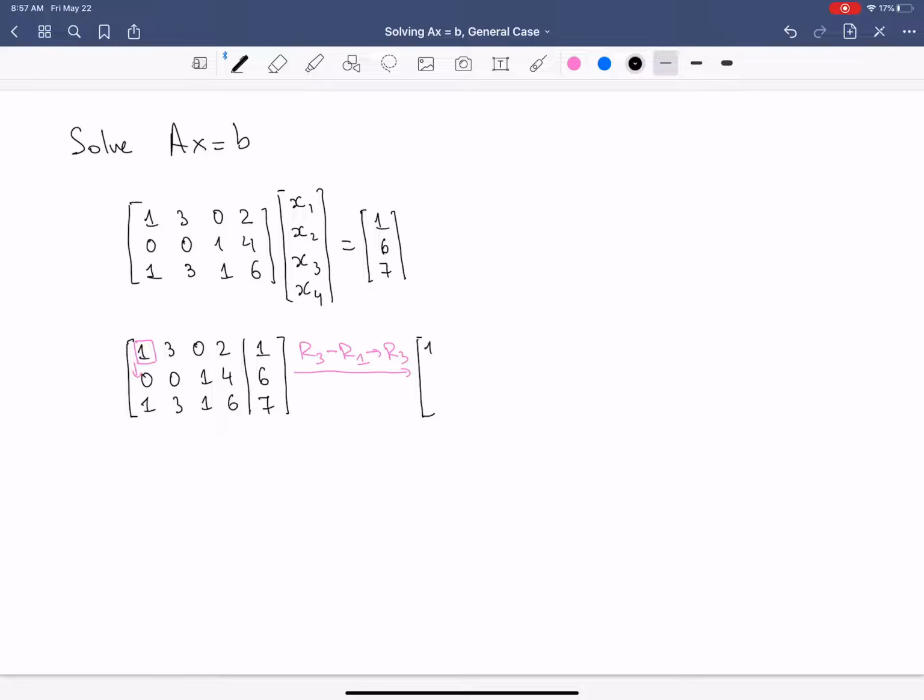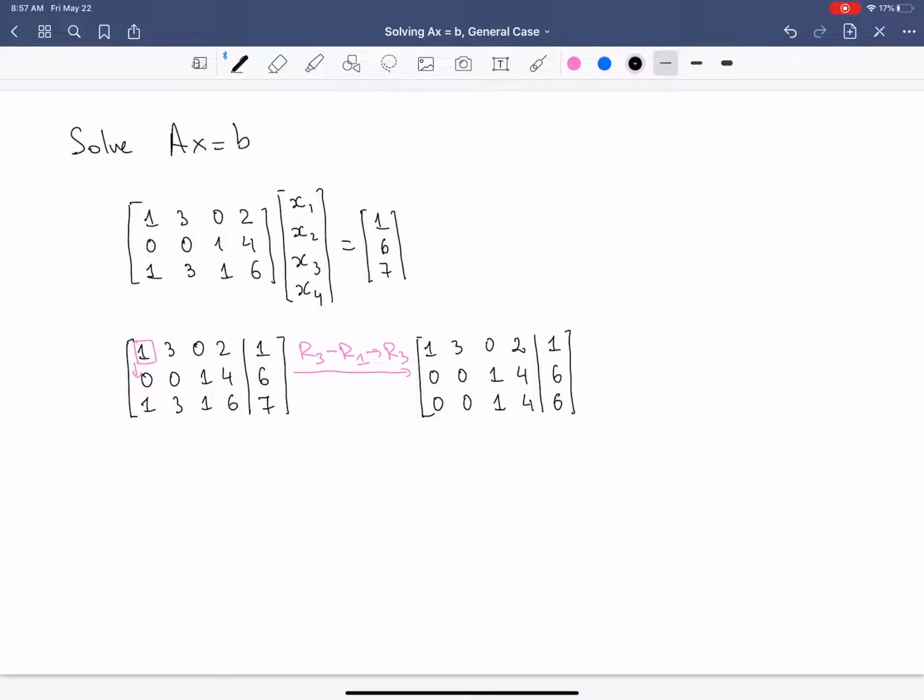So we have 1, 3, 0, 2, then 0, 0, 1, 4, then 0, 0, 1, 4. I should have applied those to b as well, but I know that there is nothing happening in the first and second row, so here I just have 7 minus 1, which is a 6.